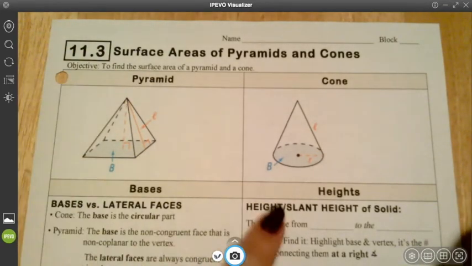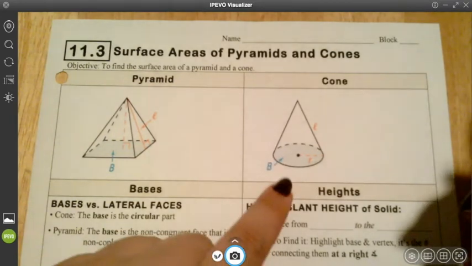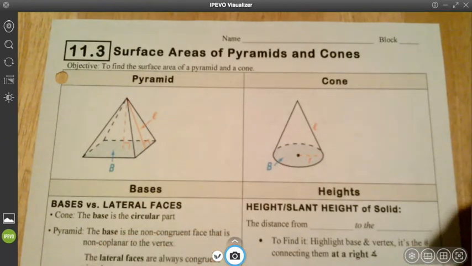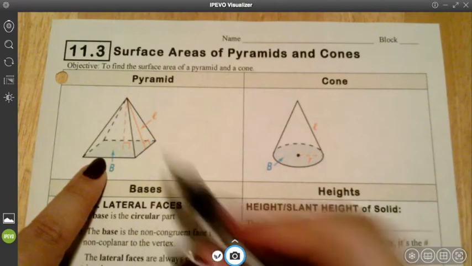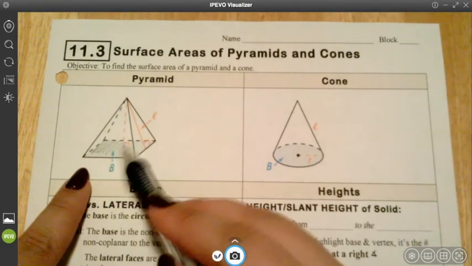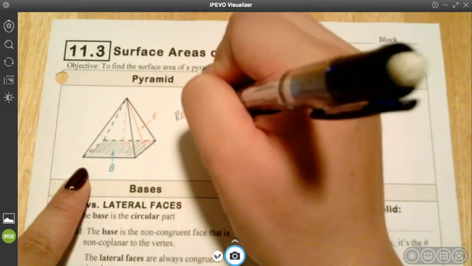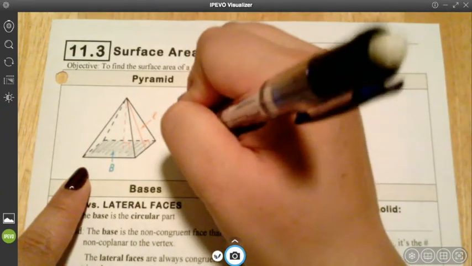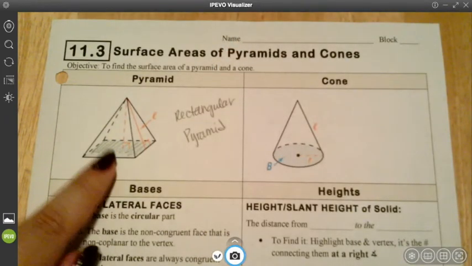Now, just like we had cylinders as a special type of prism, a cone is a special type of pyramid. So I would say that this base, one base here, is a rectangle, then this is a rectangular pyramid. Think about the pyramids of Egypt, they kind of had this shape, right?